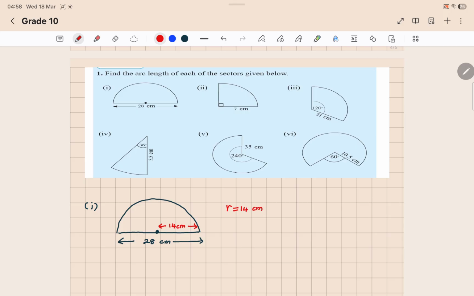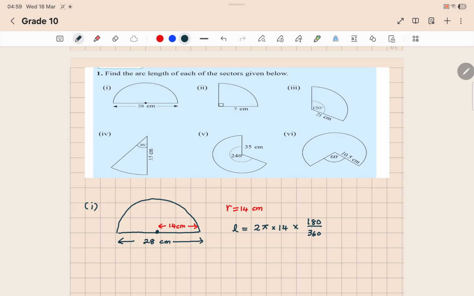Now you can find the length of the arc. L is 2 pi R, where r is 14, times 180 over 360, since this is half a circle.